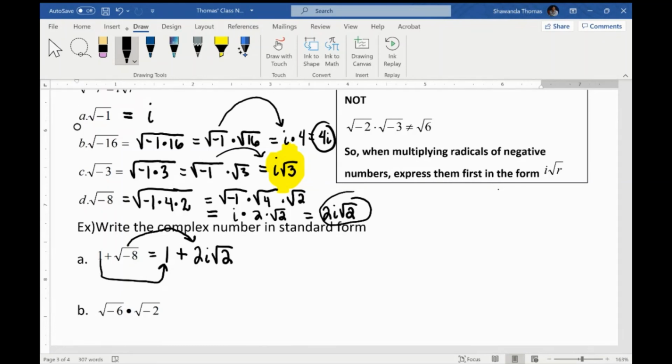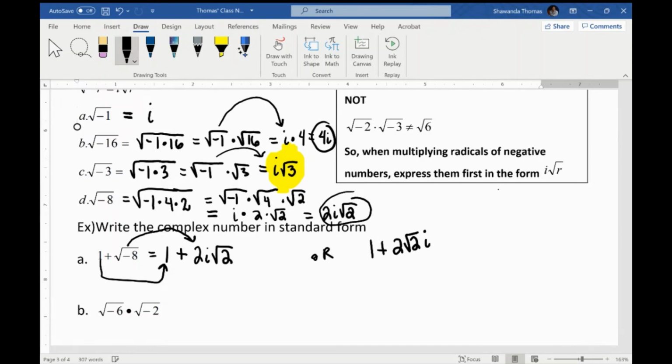I know it could be written like this, I just don't write it like this. Again, I don't want that i to sneak under that radical. That's why I write it as 2i times the square root of 2. But they are the same if you realize that the i is not under the radical.